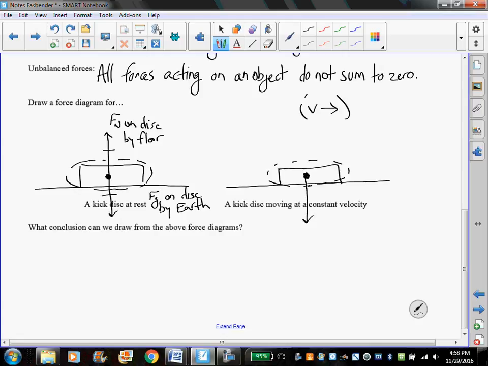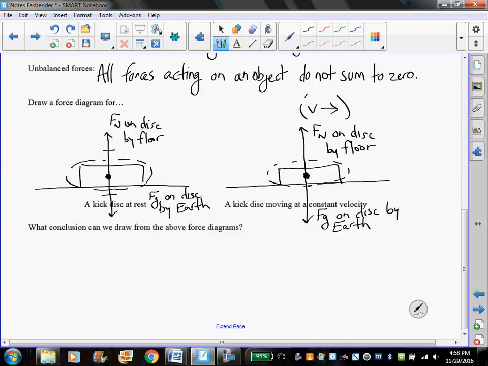And because this kick disc has mass, we know that there is a force of gravity on the disc by the Earth. And this thing is on the floor, right? So the floor has to be pushing up, so there must be a normal force on the disc by the floor.